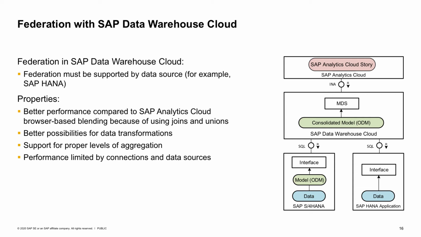You have also much more powerful support for data transformation and for certain levels of aggregation. In this case, the performance is limited by connections and data sources because we directly access the data from other data sources.